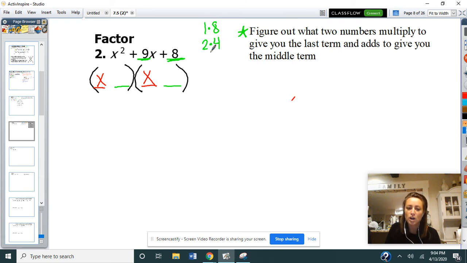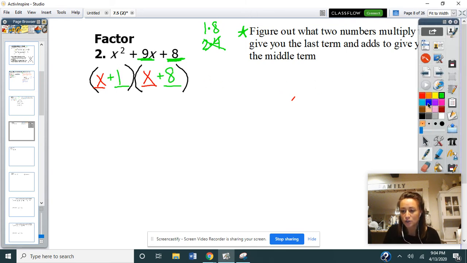So these are my only options here. Out of these, they both multiply to give me 8. We have to figure out which one adds to give me 9. Well, 1 plus 8 is 9, so that works. And 2 plus 4 is 6, so that doesn't work. So we're going to use this. So it's positive 1 and positive 8.